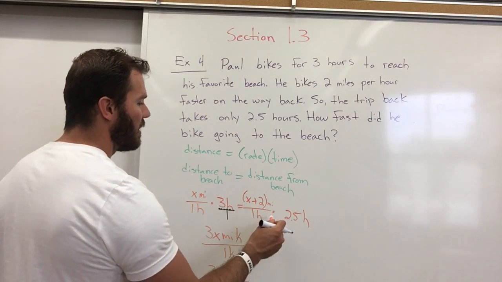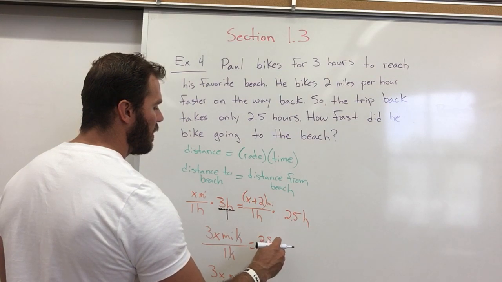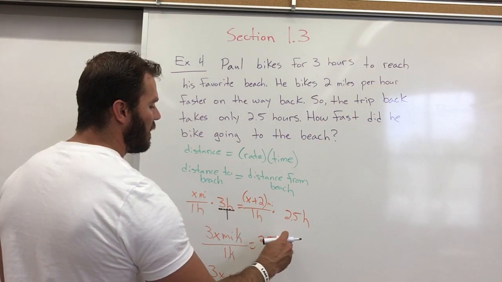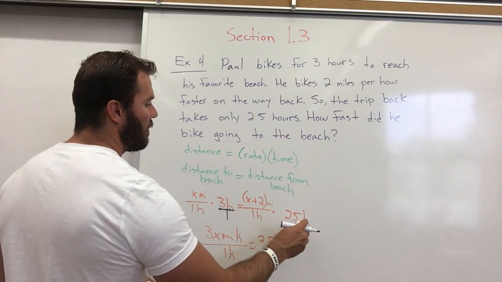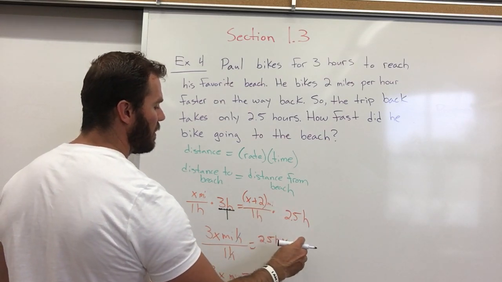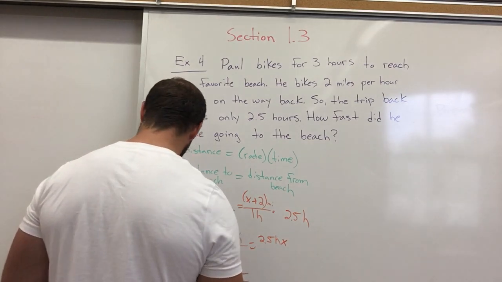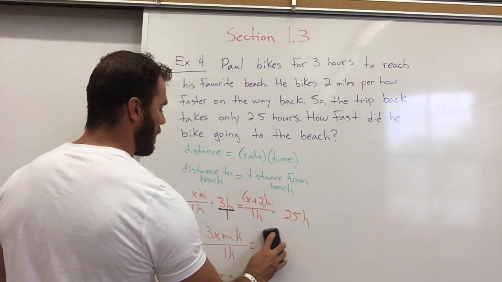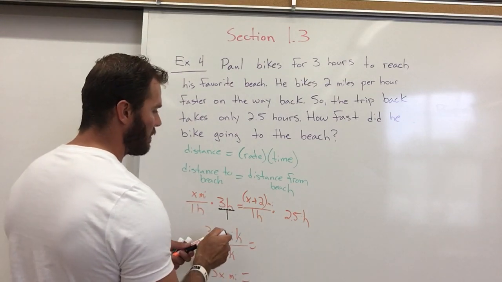So now let's do this side. 2.5 times x is 2.5 hours x if you want. And then 2.5 hours plus the 2. I'm making this too complicated. I apologize. Just know that the hours are just going to cancel each other off, okay?